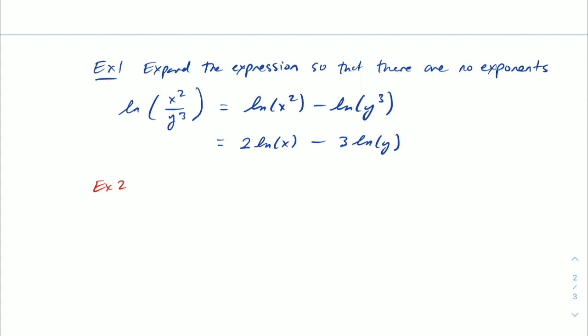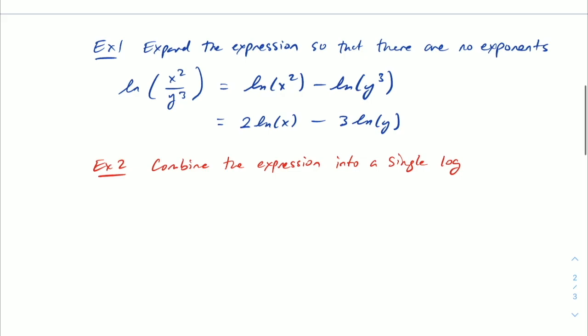Let's do another example. In this example, we're going to combine the expression into a single log. And here's the expression, 4 natural log of a plus 3 natural log of b minus the natural log of c.